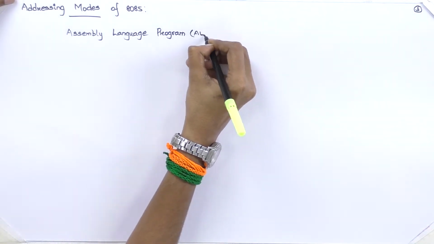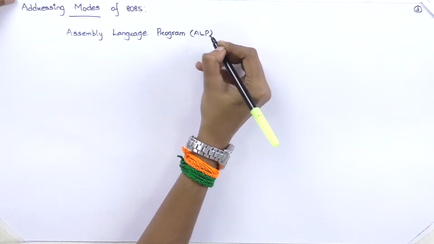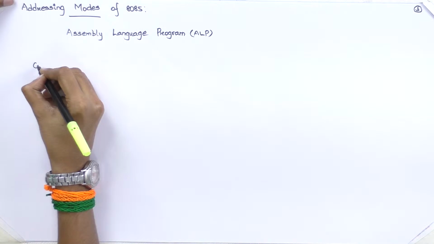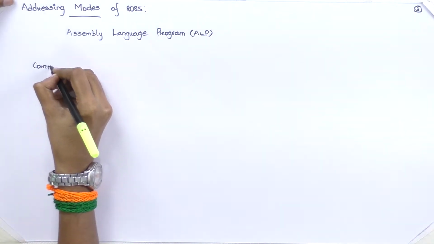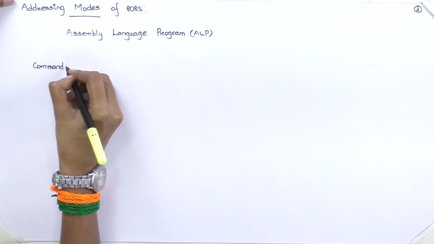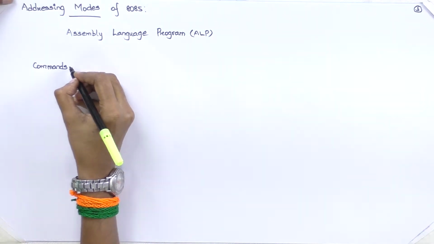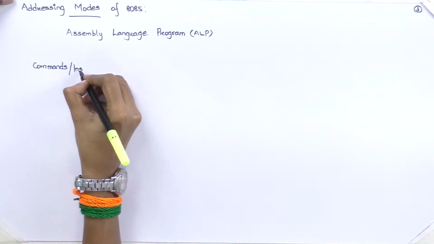Shortly it is known as ALP. The commands that we use to write a program are known as instructions.